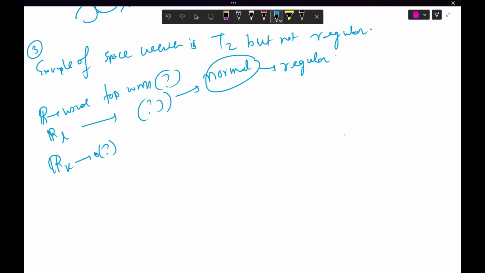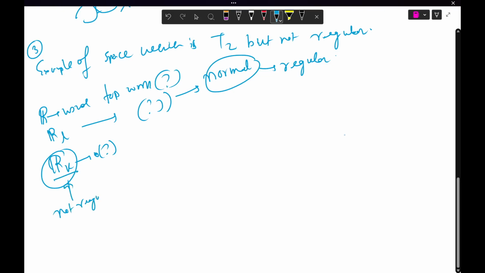But what about R with K topology? The reality is that R with K topology is not regular. But how to show it? For this, we need to find a closed set in R_K and a point in R_K which does not belong to the closed set, and we need to somehow show that we can't separate the point and the closed set by open neighborhoods.